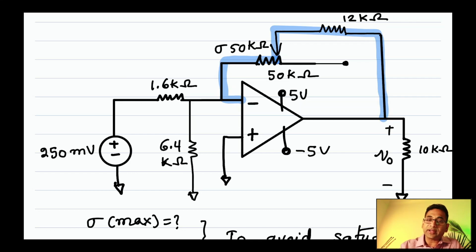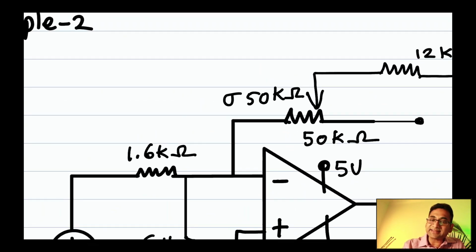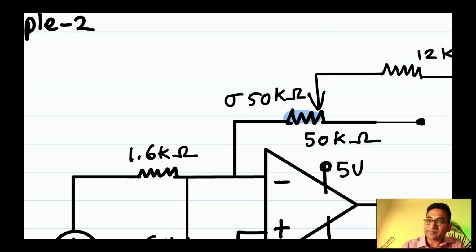So the question really is, you see, this resistance here is not a constant one, but a variable. Some sigma times 50 kilo ohms. So sigma is a fraction or a multiple. It can be a whole number, it can be a fraction.